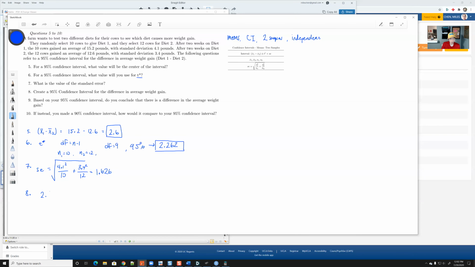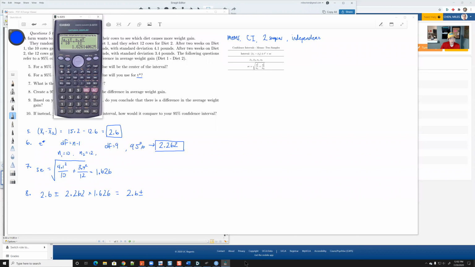So we're going to have 2.6 plus or minus 2.262 times 1.626. Multiply this, 1.626 times 2.262. So 2.6 plus or minus 3.678.